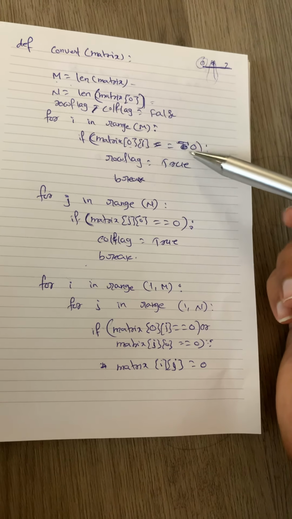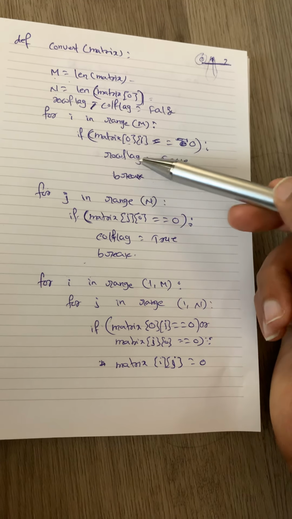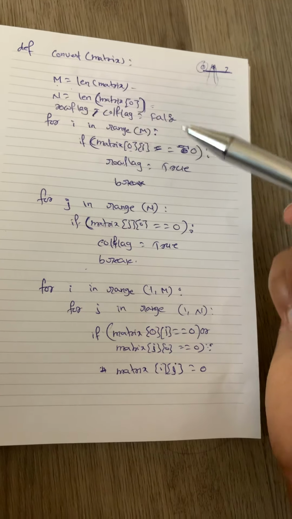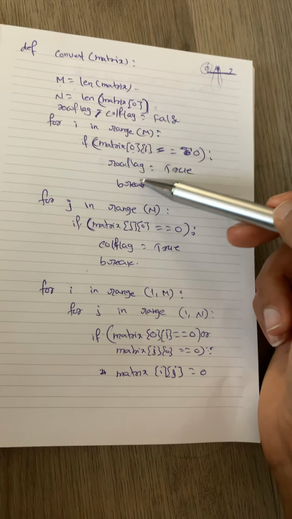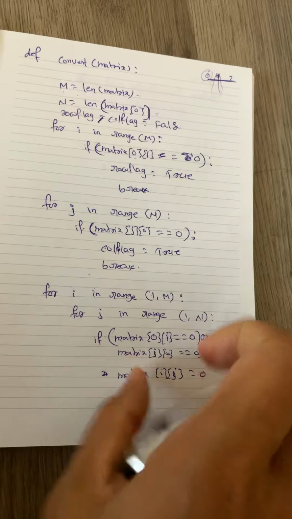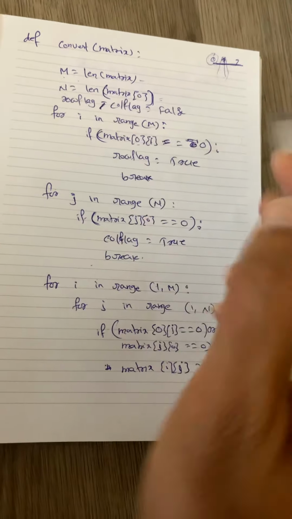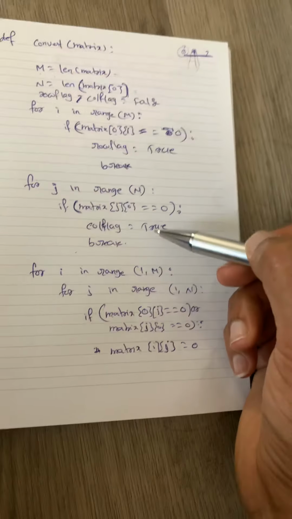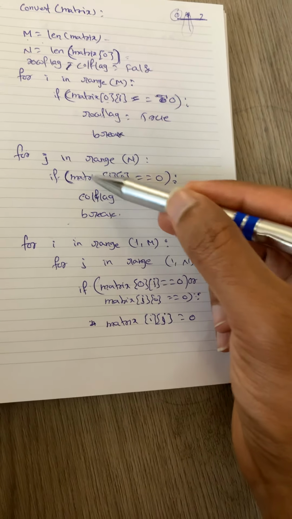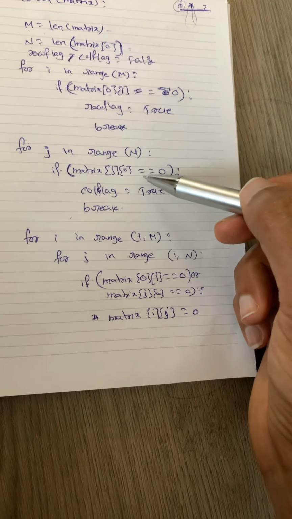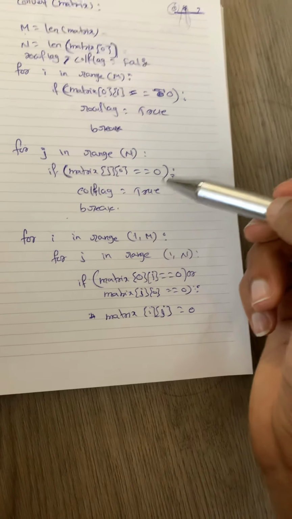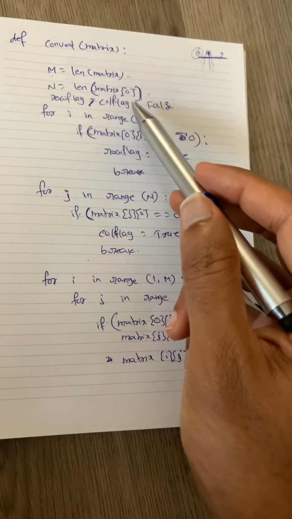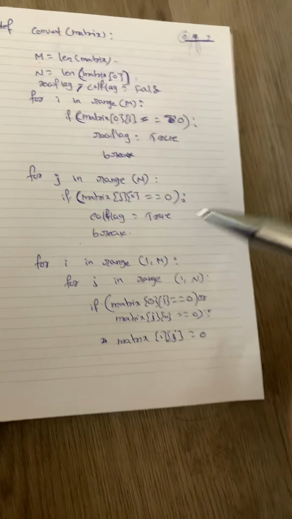If the first row has a 0, we make the row flag true. If the row flag is true, we set all the elements in that row to 0 in this loop, and then we do the same thing for the column. If any element in that column is 0, we make the column flag true, and then we change those columns to 0.